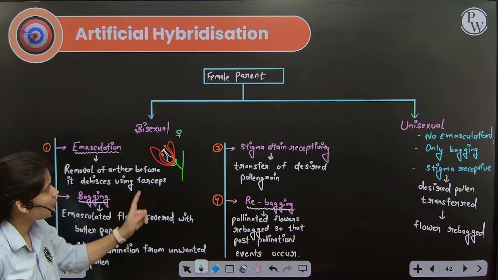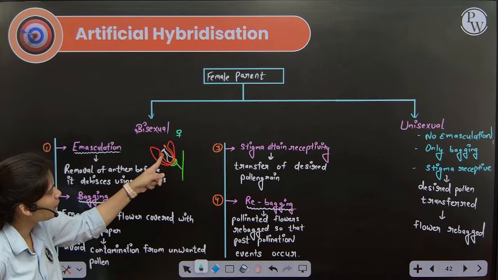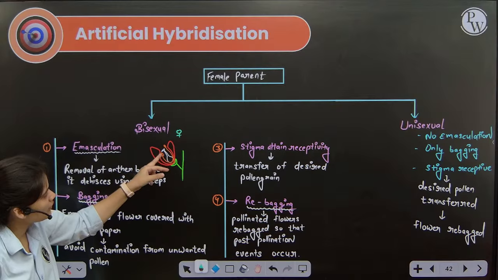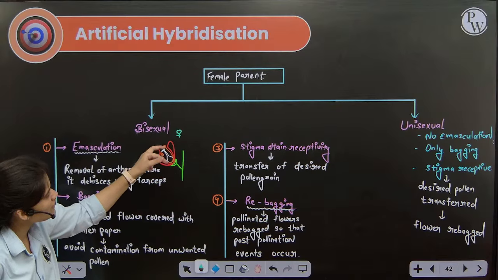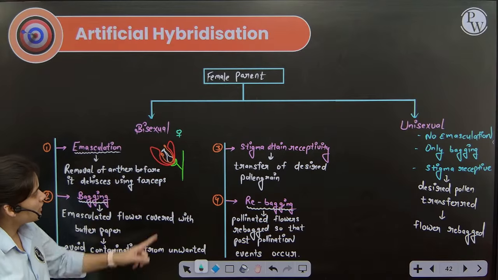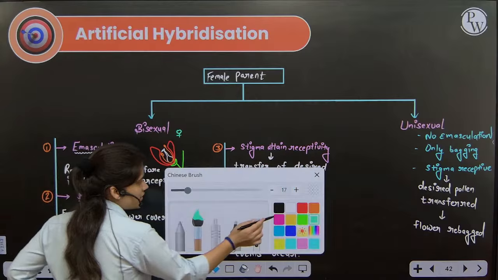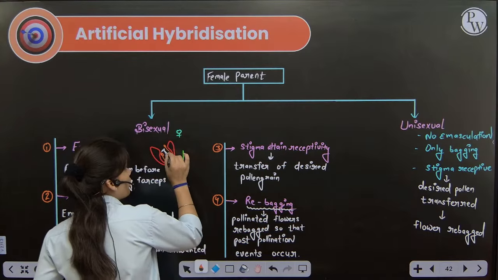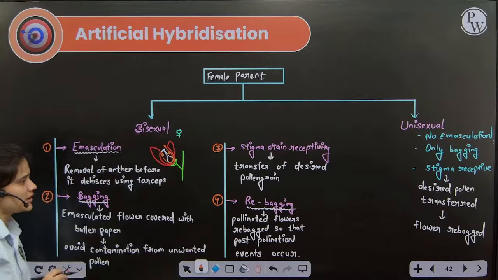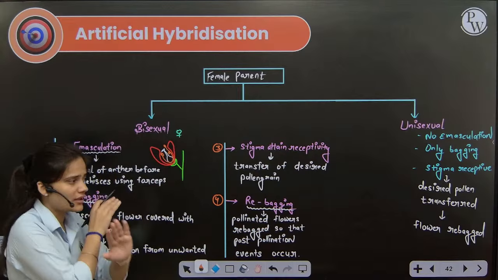How do I prevent the transfer of the same pollen grain from the anther to the stigma of the same flower? These pollen grains need to be removed or cut.